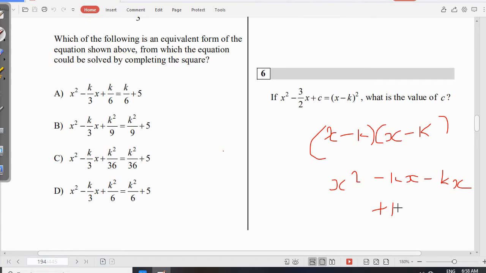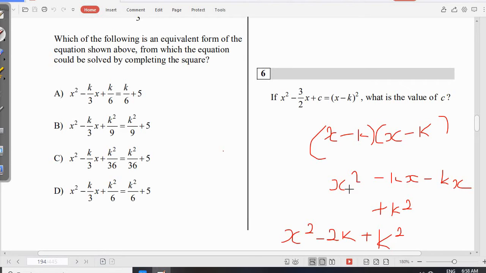If you're solving this, you'll be having x square minus k minus k is minus 2k. This is still a way of relational math. Why is it relational? Because I know that whatever I get here, it will symbolize whatever is here also, because when I expand this, I'll be having that.